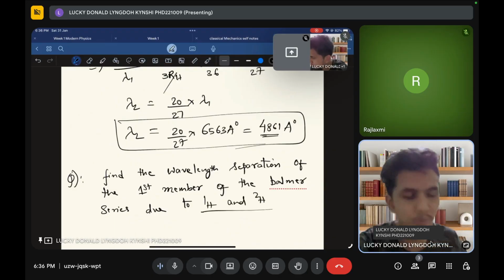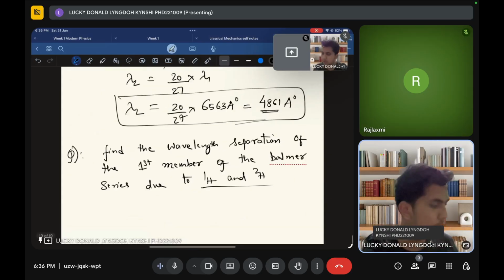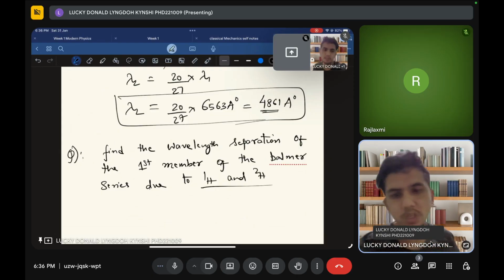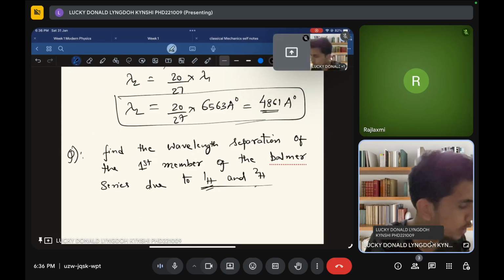So this is very important. Now you have to find out the wavelength separation between the first member of the Balmer series due to hydrogen and due to deuterium.